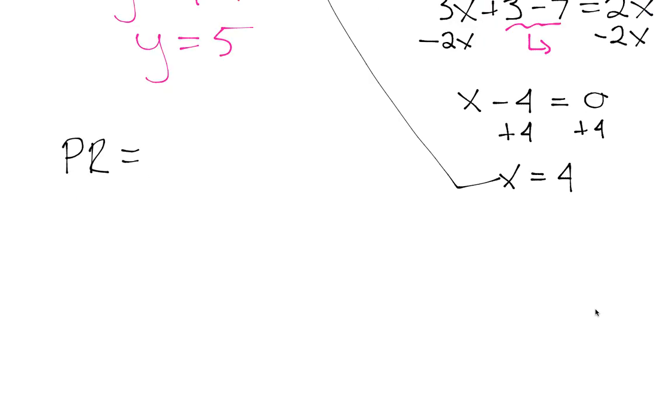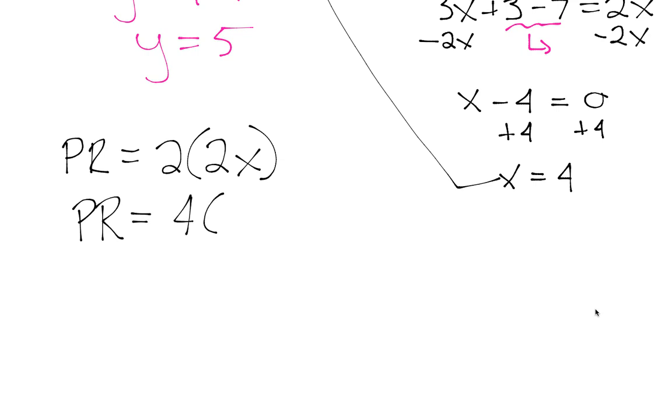That means that PR involves one of the sides that's 2x. And I'm just going to double that. So PR equals 4 times 4, which is 16.